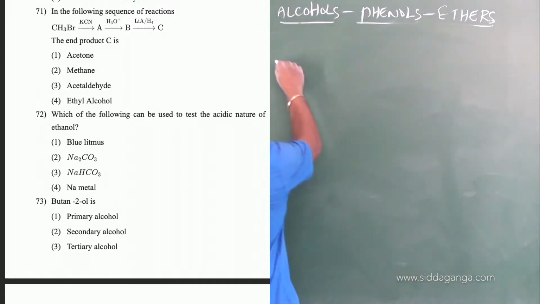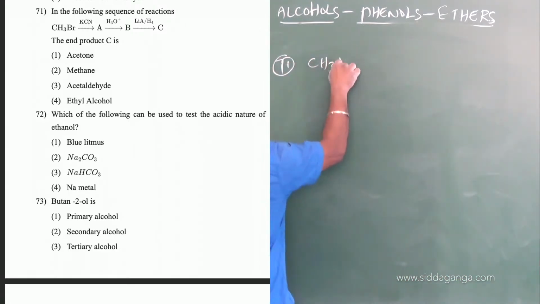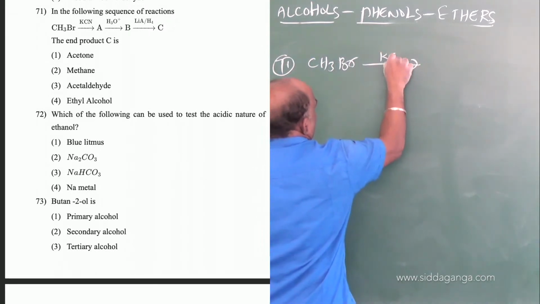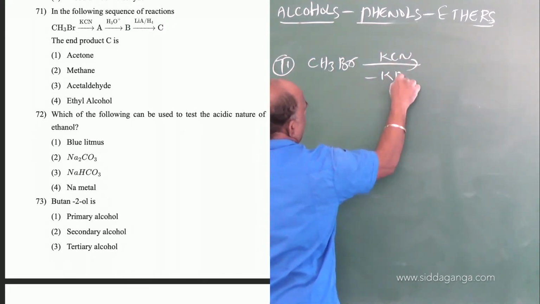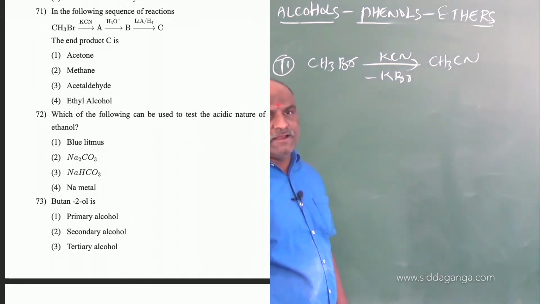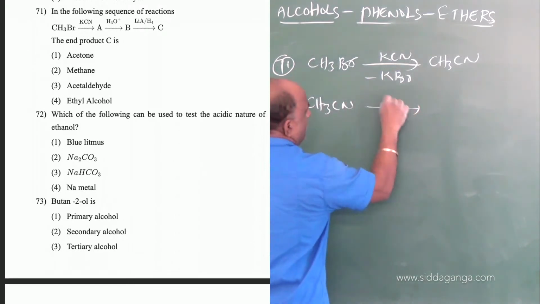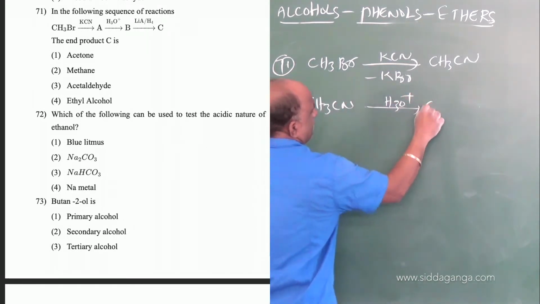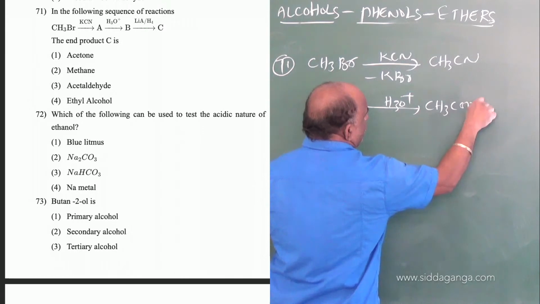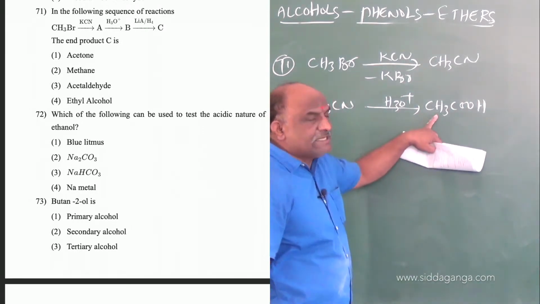CH3Br with KCN gives CH3CN plus KBr, which is methyl cyanide. Hydrolysis of methyl cyanide with H3O+ gives CH3COOH. Sorry, it is acetic acid, not methyl alcohol.